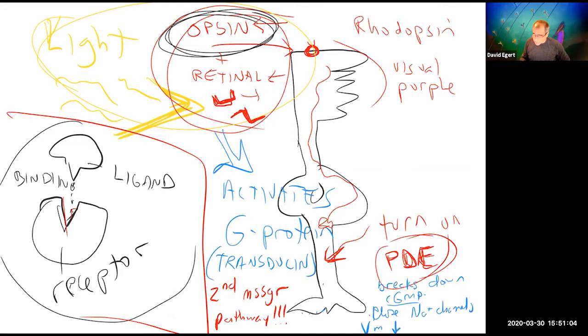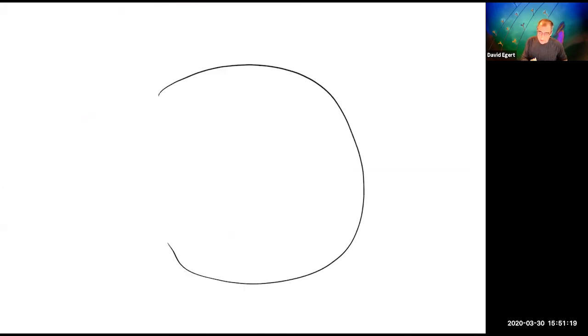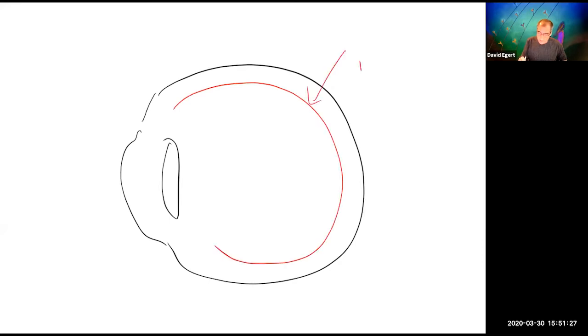The other difference is, I need to erase some of this stuff here, clear all the drawings. If you remember, if you're looking at the eye here and the lens and the retina, here's light coming in.